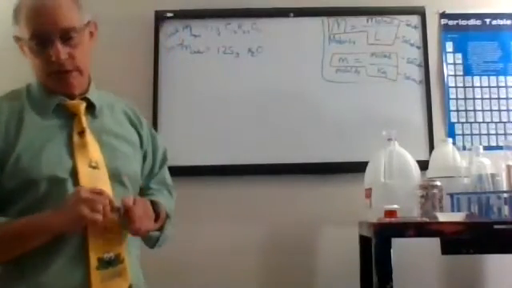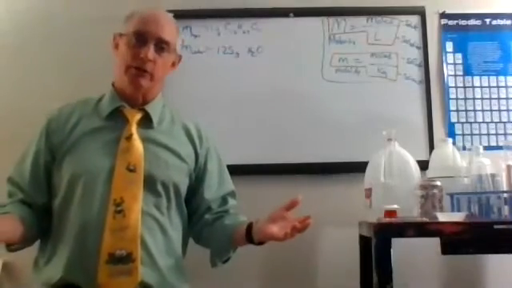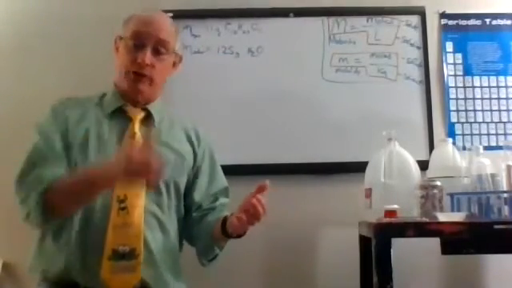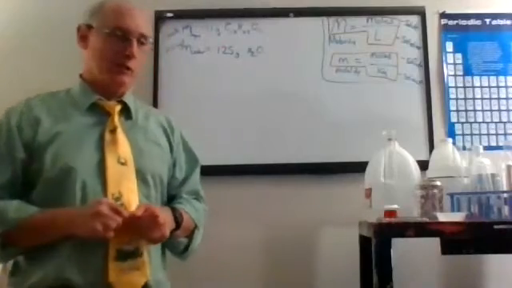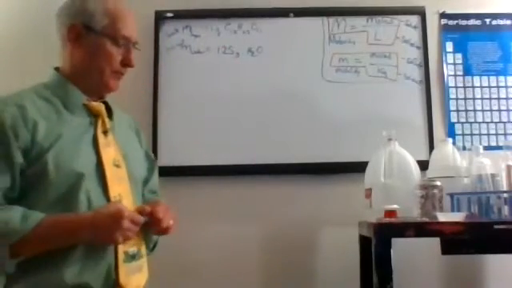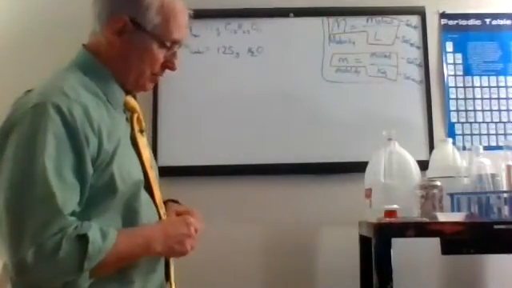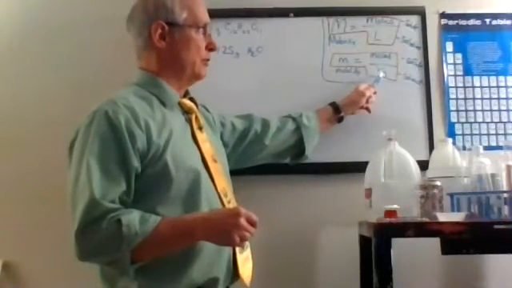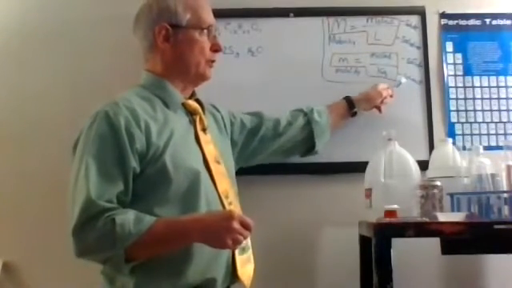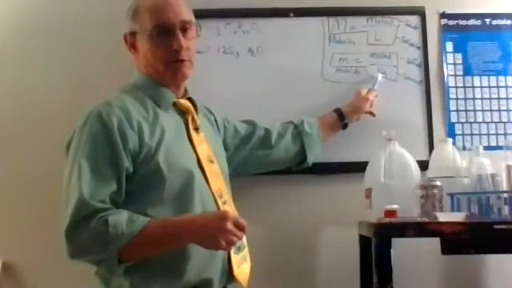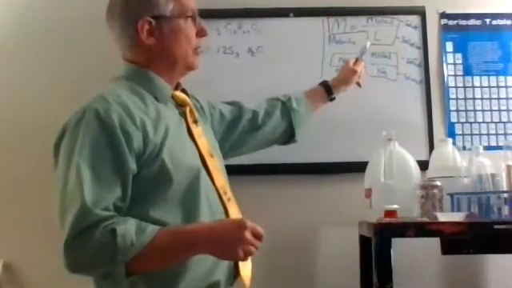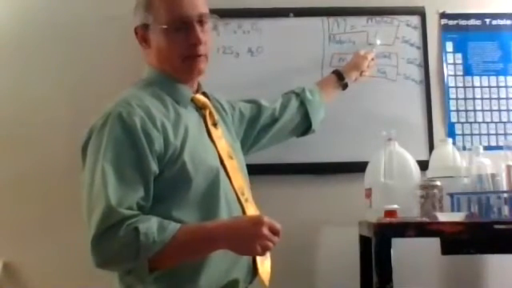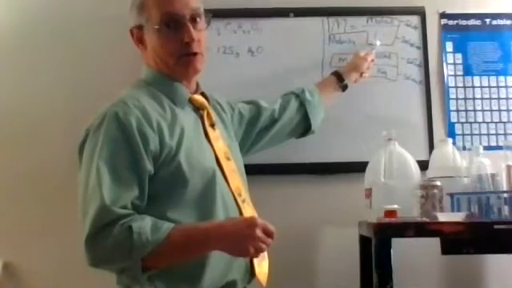Now, first of all, when we go about dissolving things together and use molality as our unit, the reason is because molality doesn't change with temperature, but molarity does change with temperature. So molality is a nice unit of concentration to utilize. The reason it doesn't change with temperature is because a certain mass of solvent is still a certain mass of solvent when it's warm. But how big it is, the volume of it, does change.